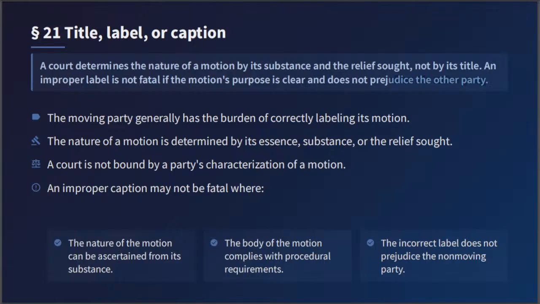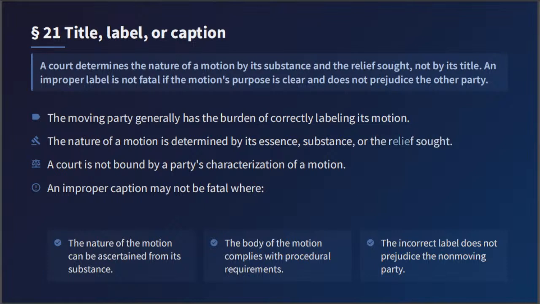Let's continue on. The moving party generally has the burden of correctly labeling its motion. So when you're the one writing the motion, the moving party, you have the burden of correctly labeling it. The nature of a motion is determined by its essence, substance, or the relief sought.